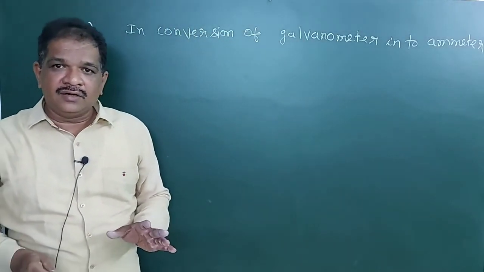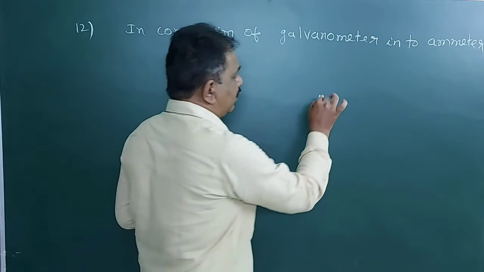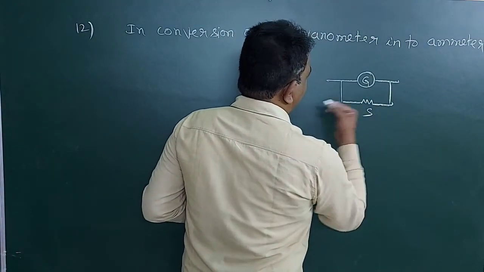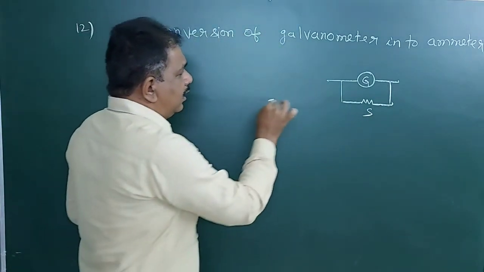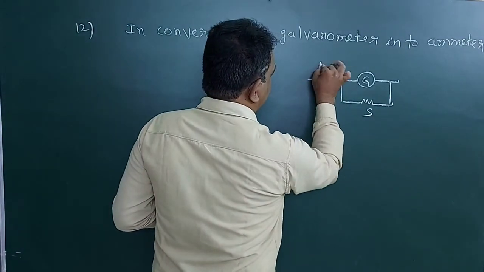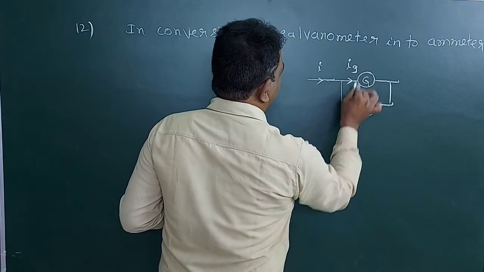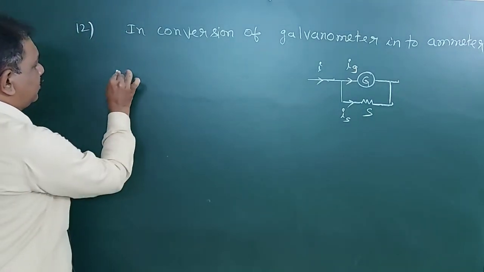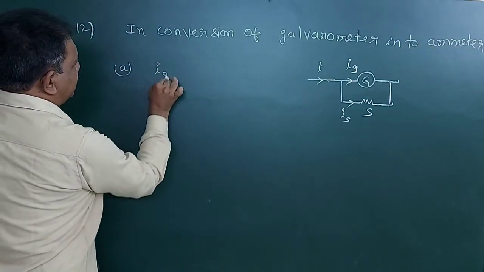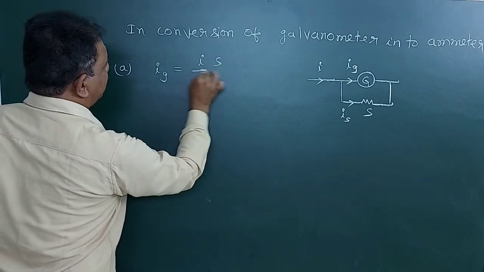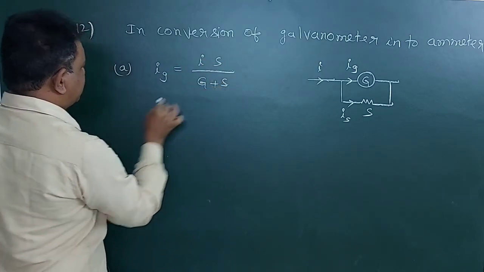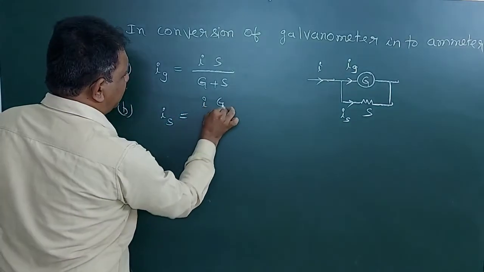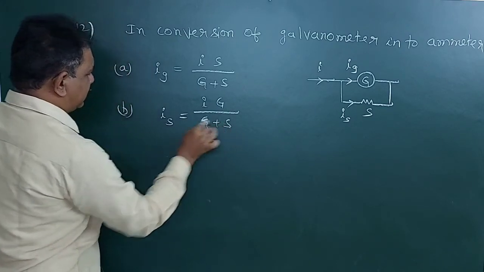By connecting a low resistance in parallel to the galvanometer, we convert that into a shunt. Then I will be the total current, Ig will be the current flowing through the galvanometer, Is will be the current flowing through the shunt. Ig formula will be I into S by G plus S. Is formula will be Ig into G by G plus S.